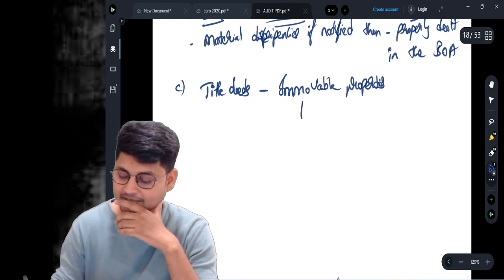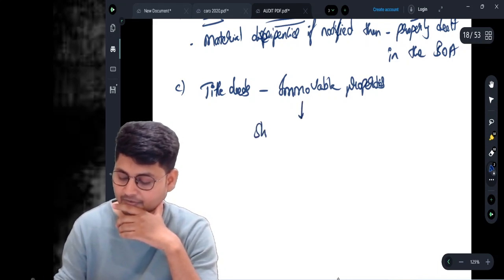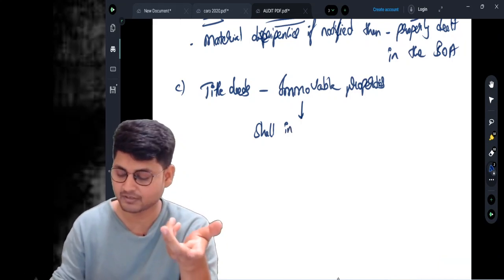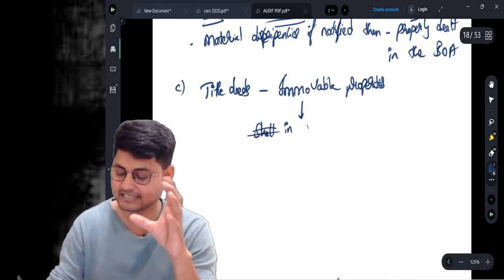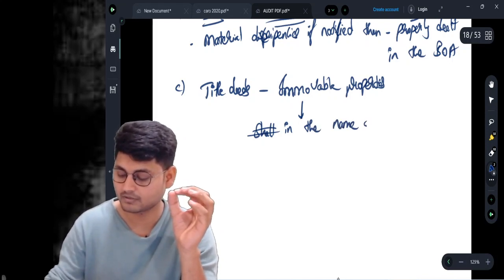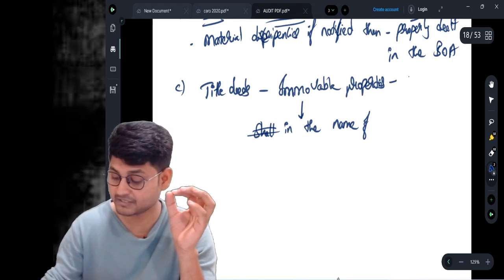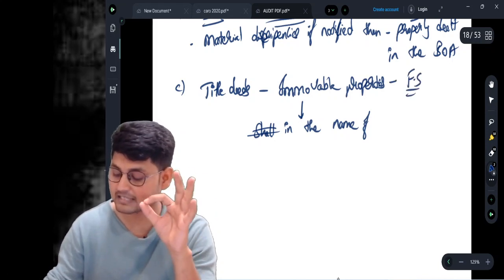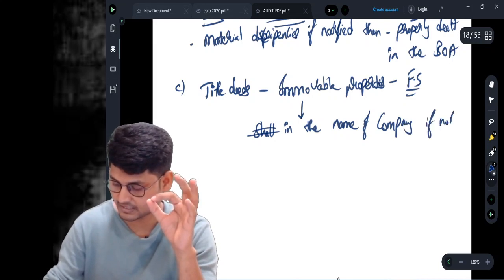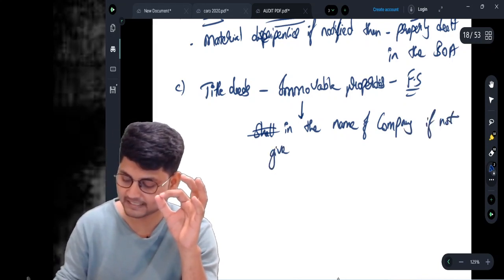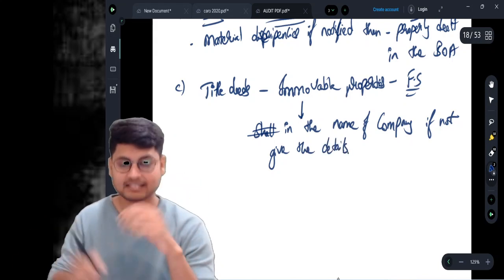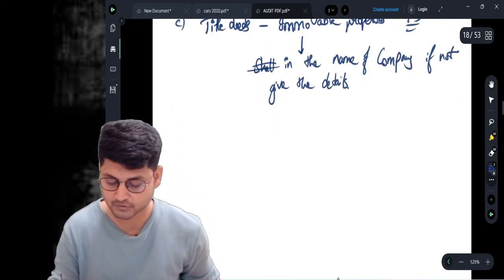Now this immovable property title deed shall be in the name of the company. Immovable properties which are there in the financial statements are in the name of the company. If not, give the details. I guess subclause number C is also fine for you.